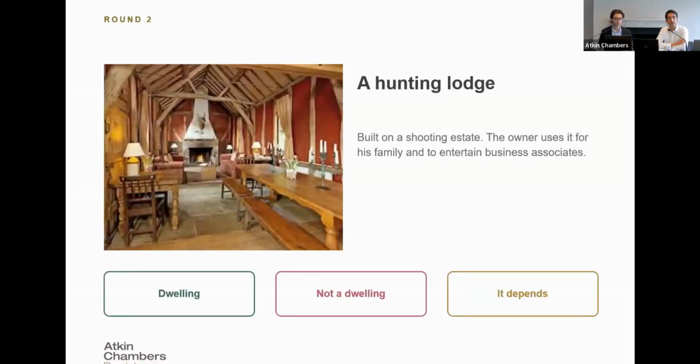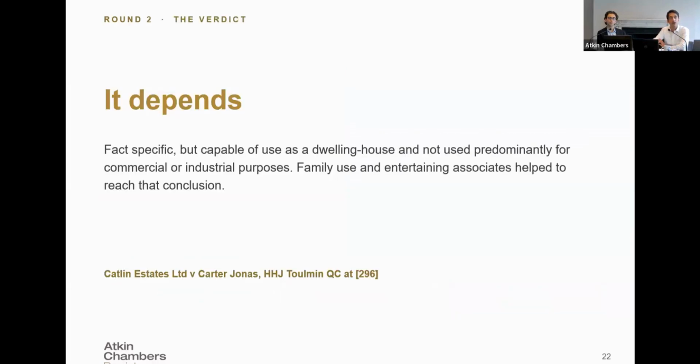Okay, what about a hunting lodge, as in the Catlin Estates case, where the owner uses it for his family and to entertain business associates? Is that a dwelling? I think on true analysis, it actually depends. It's fact specific.